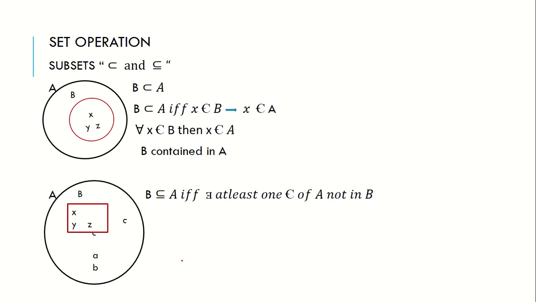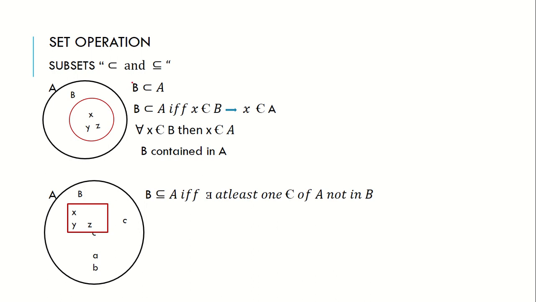Subsets and proper subsets. We have symbols for subsets and proper subsets. We have set A presented in the form of a diagram, and we call this a Venn diagram. Set B is contained in set A. Set B has elements x, y, z.